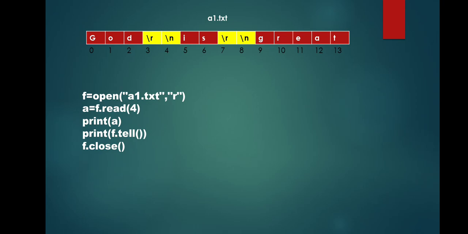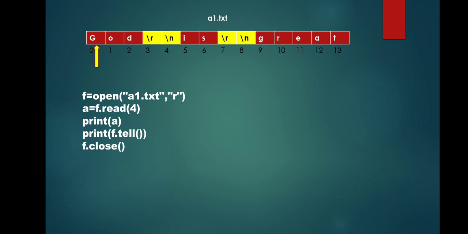Now this is another program. Again the same file is taken, and the file is again opened in r mode, so the cursor is positioned at the 0th byte. Then I have read 4 characters. It is going to read God and one character, backslash r and backslash n taken together as one single character, even though they occupy 2 bytes, but they cannot be read separately.